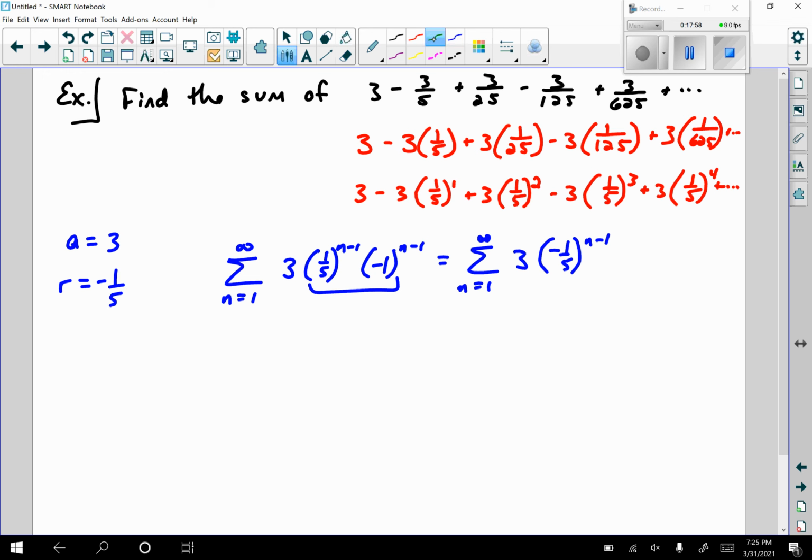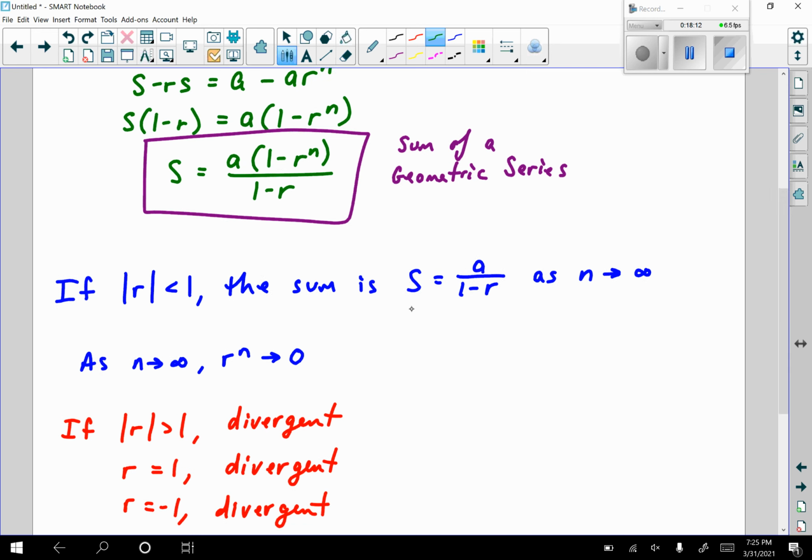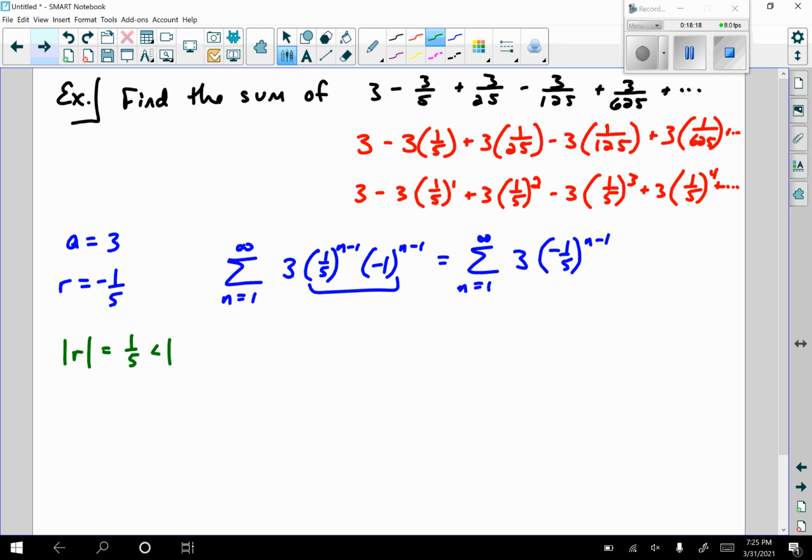So now to figure out this sum, we go back to the rules. So we're going to take the absolute value of r, which becomes 1/5, and that's less than 1. So if we go back to our rules, if the absolute value of r is less than 1, we'll figure out the sum using this, and then we know that our series will be convergent. So then the sum is equal to a over 1 minus r, which becomes 3 over 1 minus -1/5, which becomes 3 over 5/5 plus 1/5, so we get 6/5, which is the same as saying 3 times 5/6.